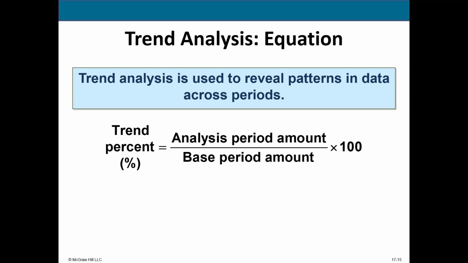You could also go further back and look at multiple years of data as a manager and understand what the trends are in the business. And so you would compute what's called a trend analysis or a trend percentage. To do that, we take the analysis period amount, divide that by the base amount and multiply it by 100. The base amount is always going to be the oldest year of data.